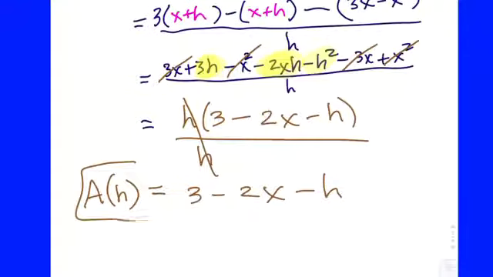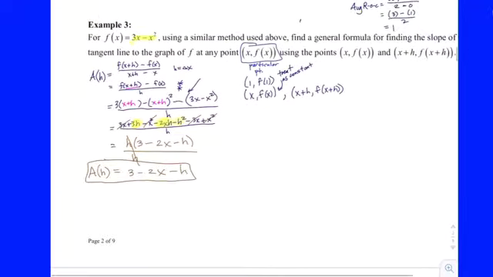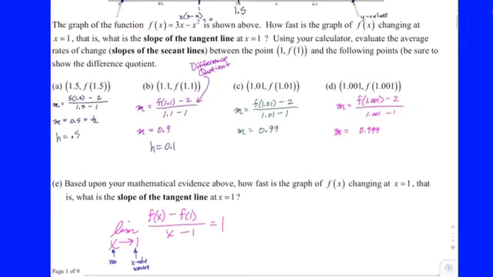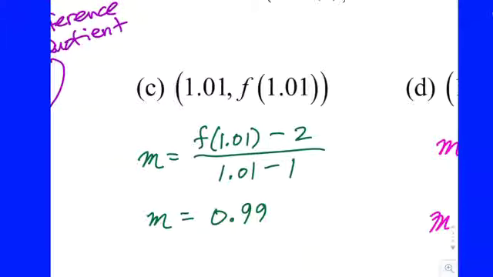So I'm going to calculate the average rate of change one time using this, just to show you how we could have used it. So let's come back up to the very top here. Let's do this one here, okay? For this one, we found the average rate of change between 1 and 1.01. So in this case, our x was equal to 1, and our h was equal to 0.01, correct?